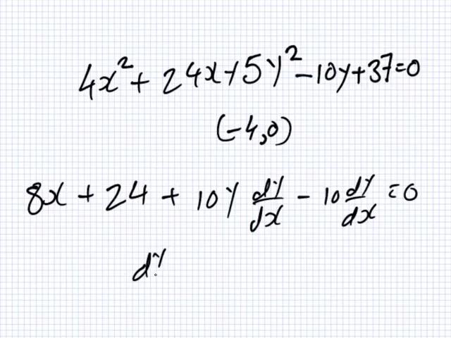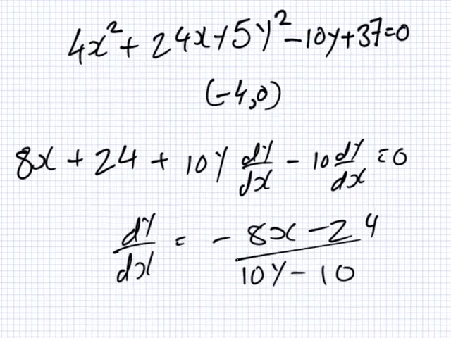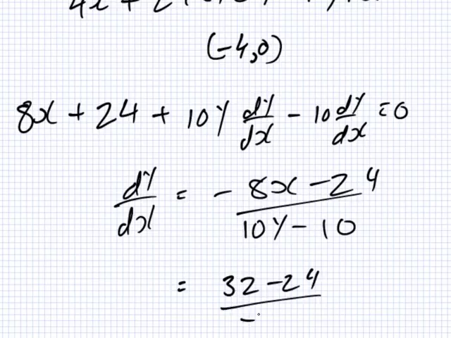So dy/dx will equal minus 8x minus 24 over 10y minus 10. What is the x here? Minus 4. So that's 32 minus 24 over minus 10. That's 8 over 10.